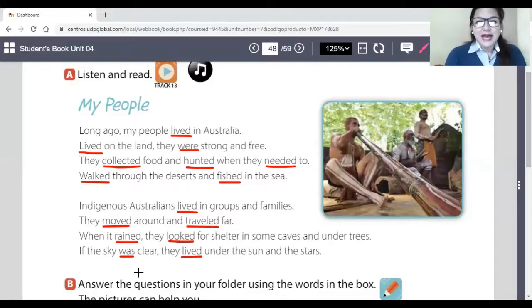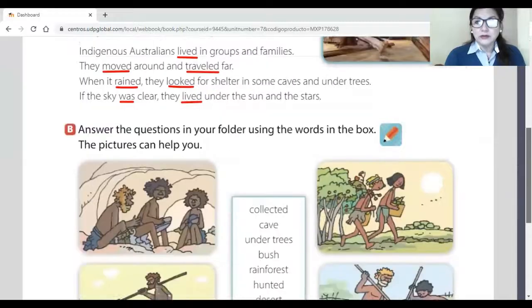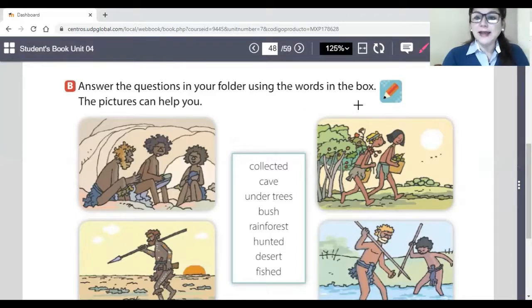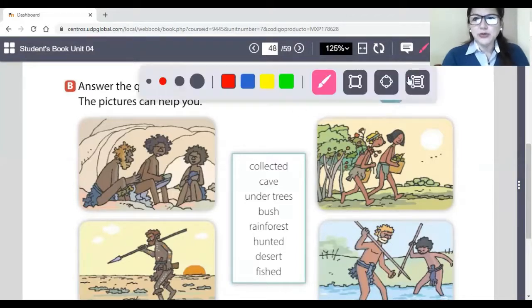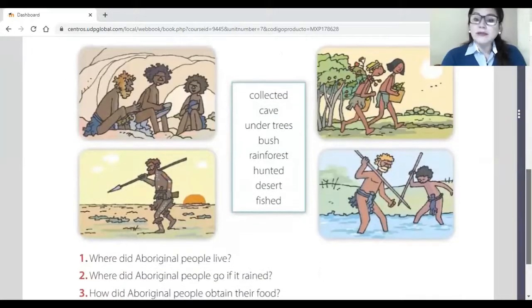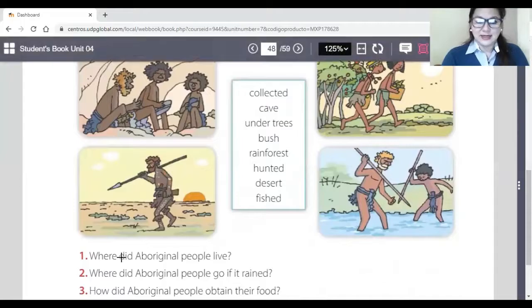Okay, answer the questions where you're going to do this in the book, using the words in the box. The pictures can help you. I'm going to help you with this, okay? Look at the pictures.